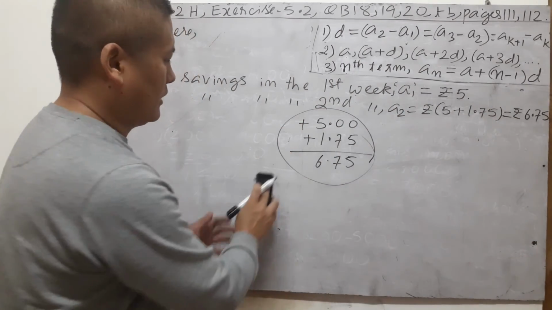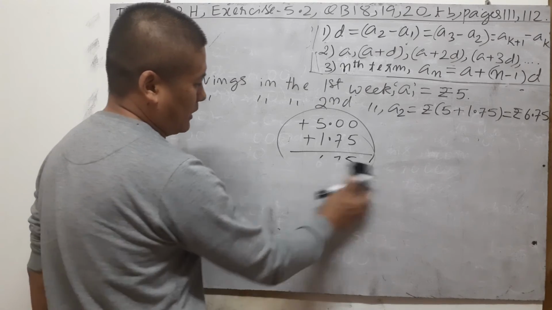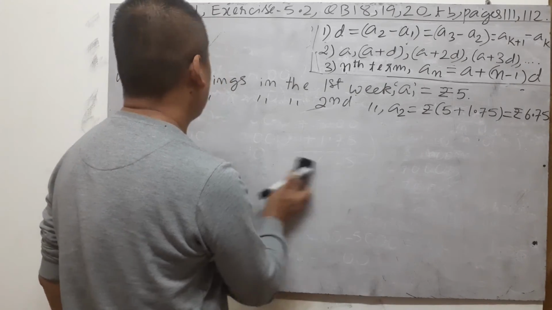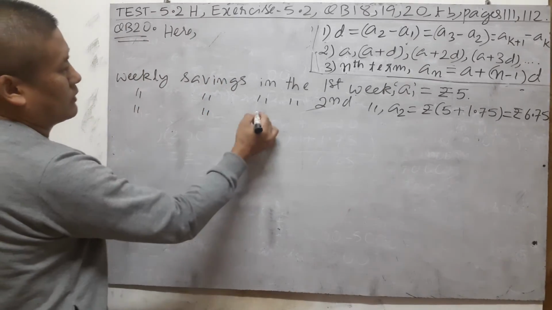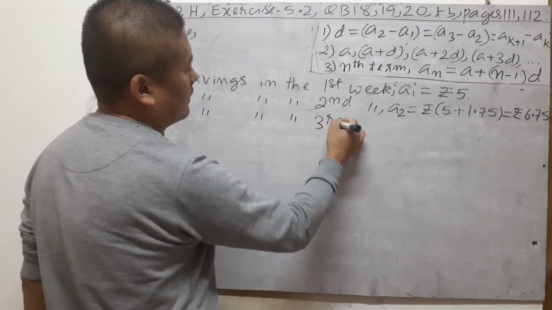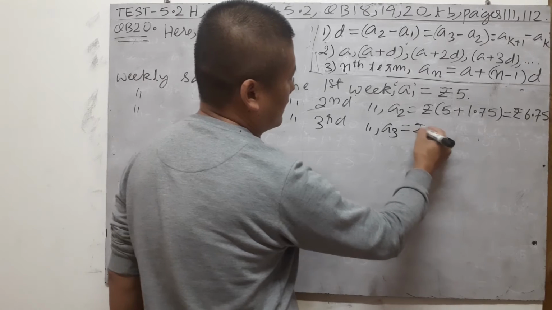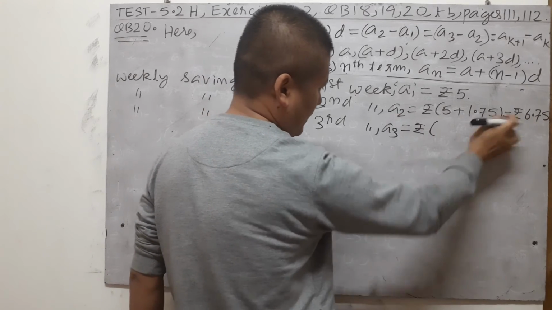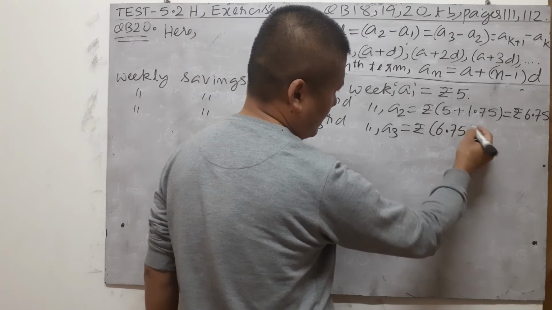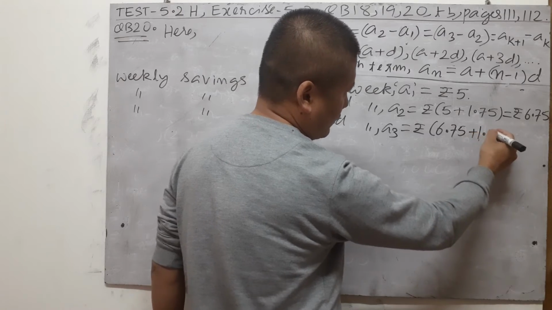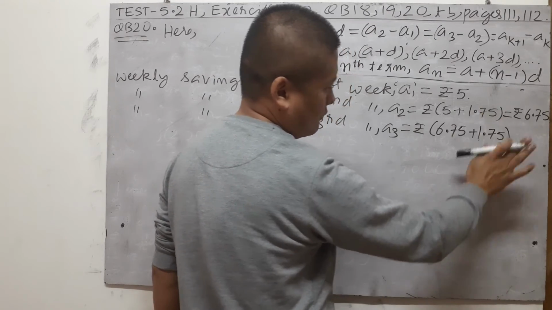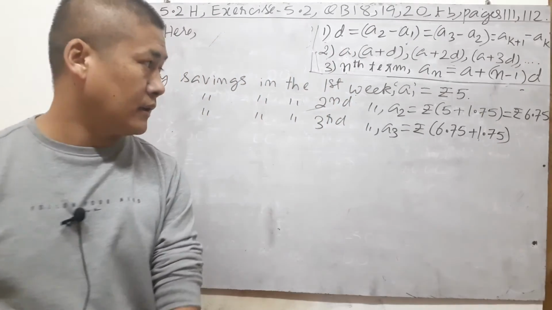Okay, next one, write it down. Weekly savings in the third week, which is A3. Similarly, whatever she was saving in the second week, plus she increased by 1.75 each week. So there is an equal increase every time.